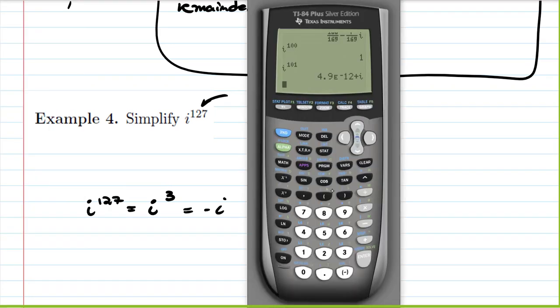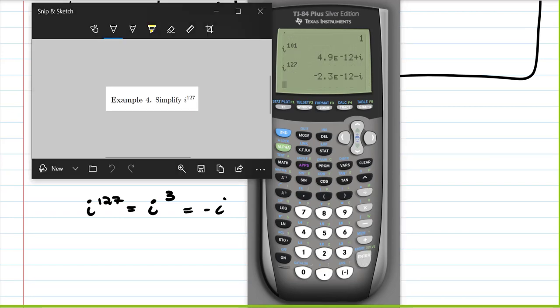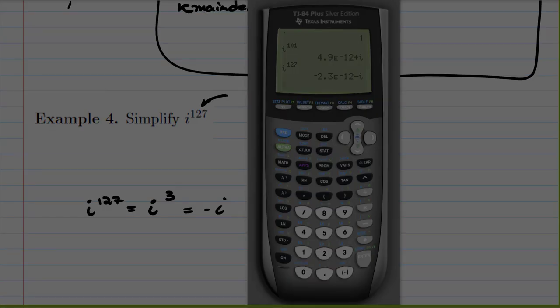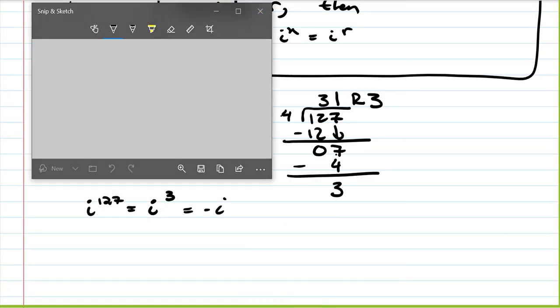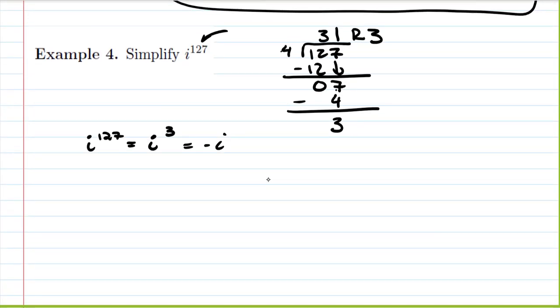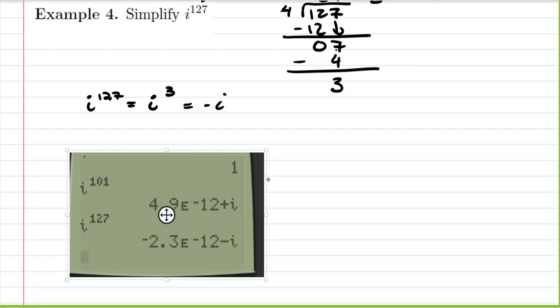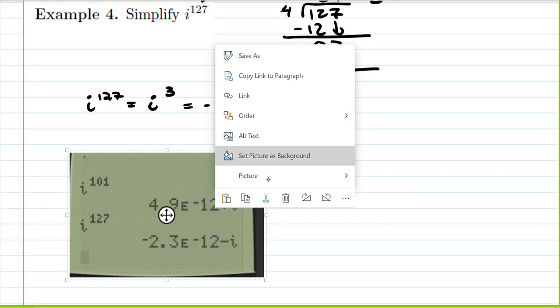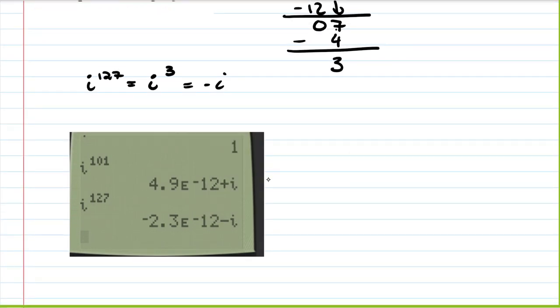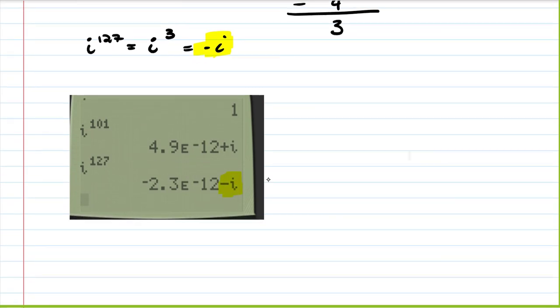So that would be our solution to that problem. If we check this on our graphing device, we get i to the 127th, and we notice our calculator doesn't give us quite the correct answer. But we do notice the correct answer is negative i, which is right here. But we get this part that's left over right here.